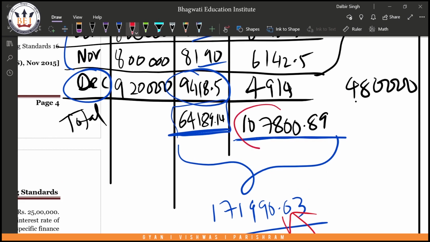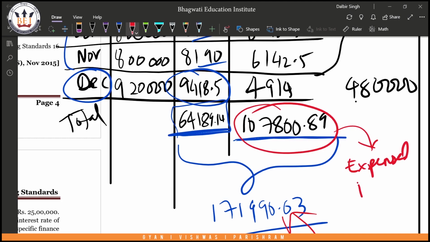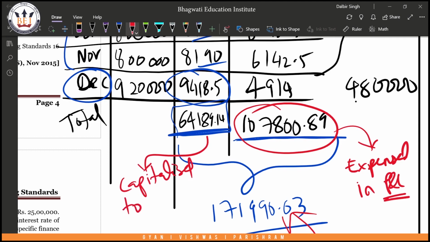This remaining will be expensed in the P&L. This 64,189 is capitalized to the qualifying asset. That is how the total interest for the year, 1,72,000, is bifurcated.